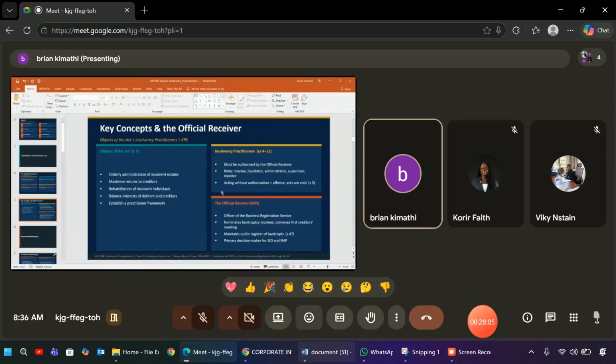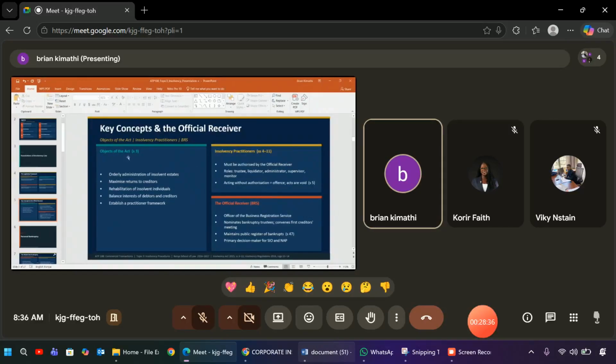And then we have the official receiver. So the objects of the act, and also insolvency practitioners, IP, and BRS. The objects under section 3 of the act are to maintain orderly administration of insolvent estates, maximize returns to creditors, rehabilitate insolvent individuals, balance the interests of debtors and creditors, and establish a practitioner framework.